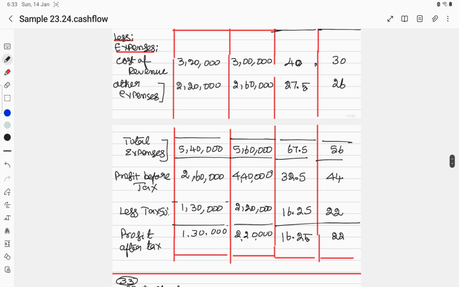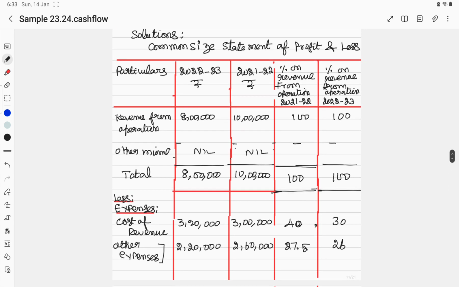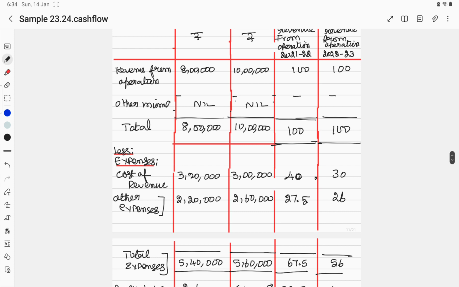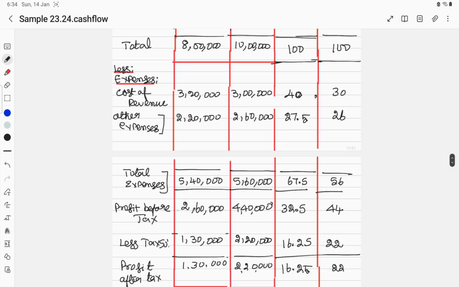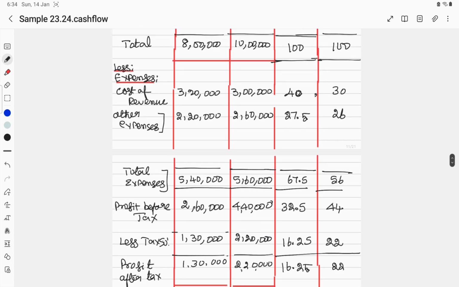Therefore profit after tax 1 lakh 30,000 for the year 22-23. Similarly 21-22 cost of revenue is 3 lakhs, other expenses 2 lakh 60,000, totally 5 lakh 60,000. Therefore profit before tax is 4 lakh 40,000, less tax 50% 2 lakh 20,000. Profit after tax is 2 lakh 20,000.